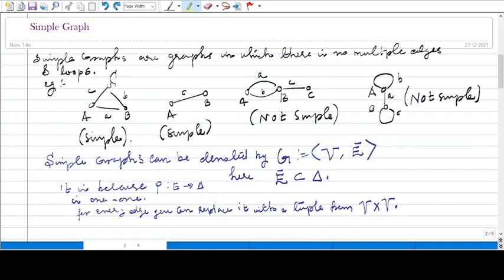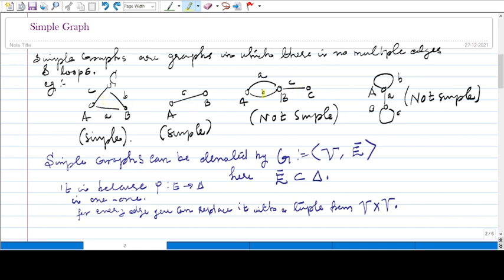Another thing is we are going to define what a simple graph is, because this is what we will be using very frequently. Simple graphs are graphs in which there are no multiple edges and no loops. No multiple edges means there are no multiple edges between a particular pair of vertices. You can see the examples here. This is simple because each and every pair has only one edge.